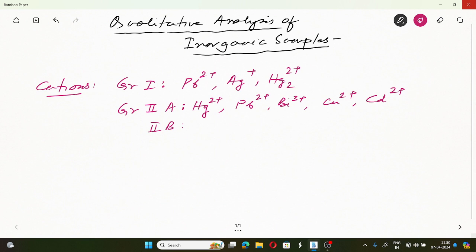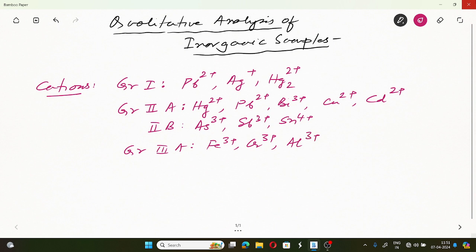Now group 2B cations are arsenic 3+, antimony 3+, and Sn4+. Next we come to group 3A. Group 3A cations are Fe3+, iron, chromium 3+, and aluminium 3+.